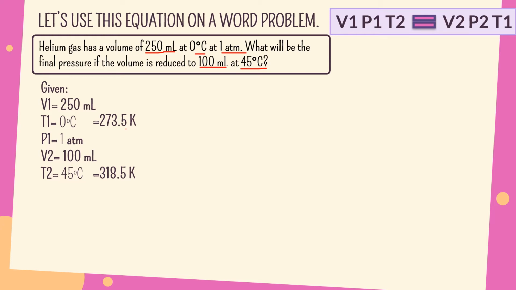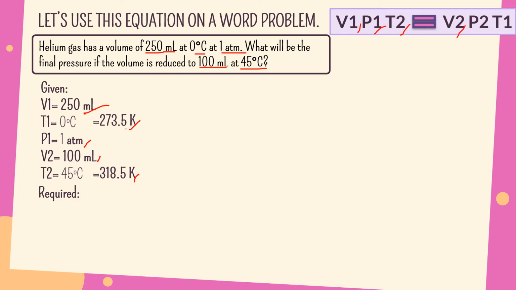So having the following givens, we then need to identify the unknown or the required quantity in this given word problem. And to do that, we need to take a look at our equation and at our givens. So in our givens, we have initial volume, initial temperature, initial pressure, final volume, and last we have final temperature.